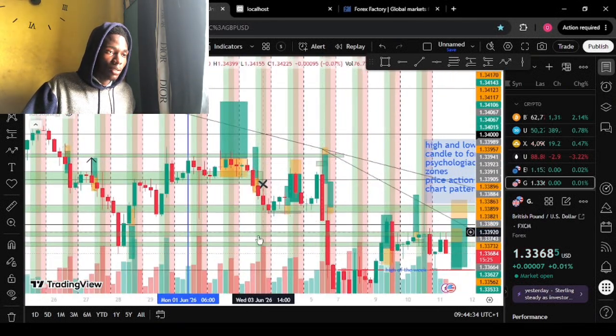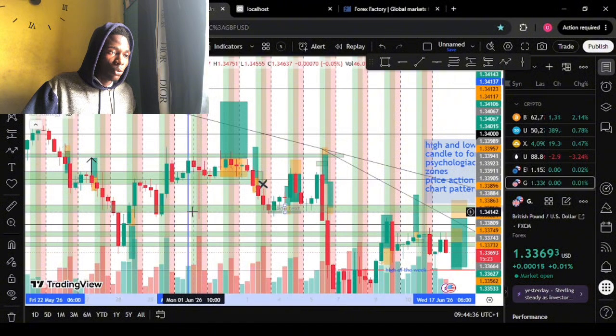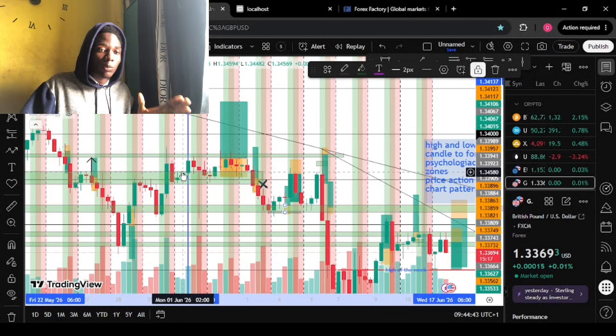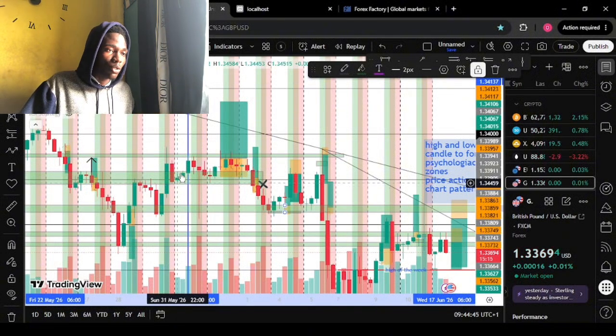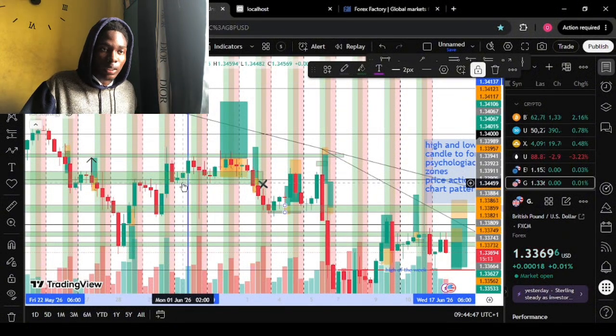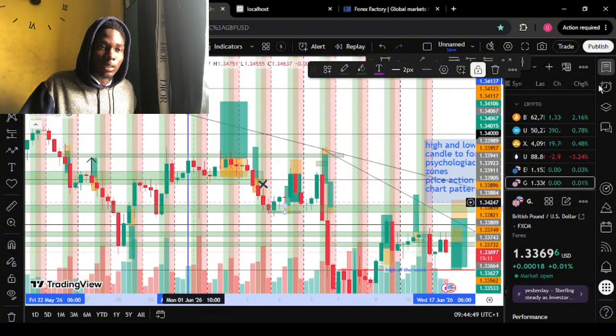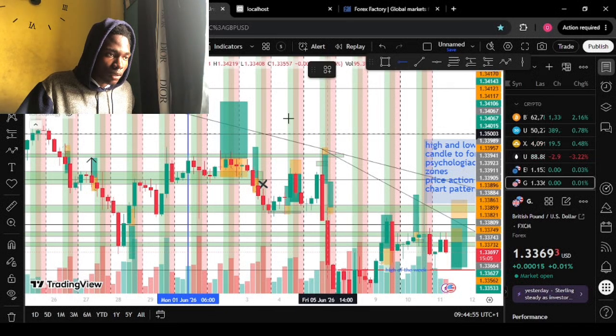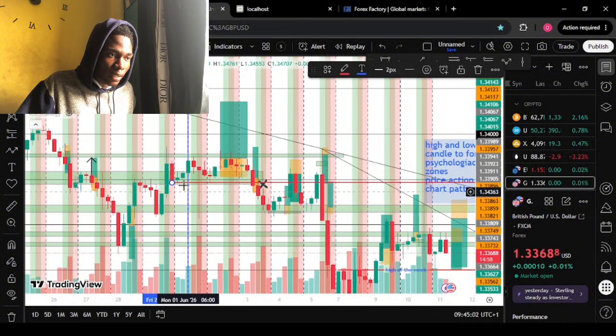This is the low, and this is the highest point price ever got to. This is the high and low of the week. Let me bring it out so you can get what I'm trying to say. This is the low on Monday, and this is the high.